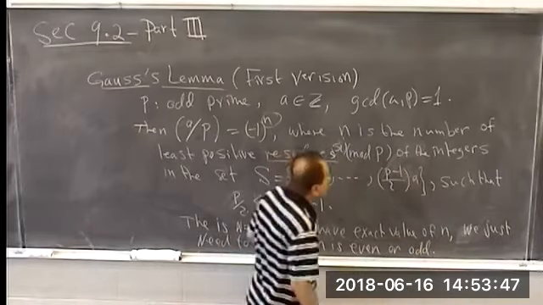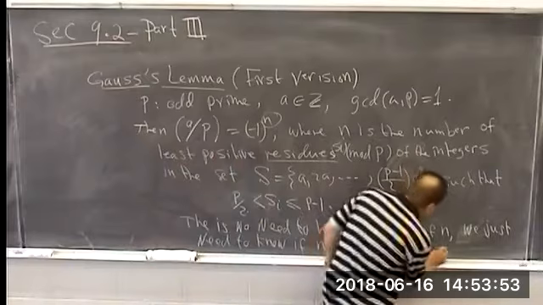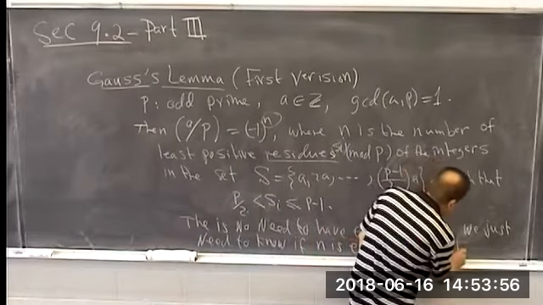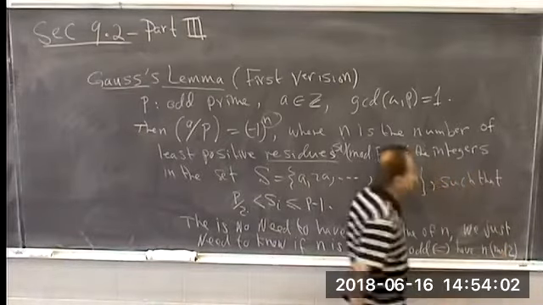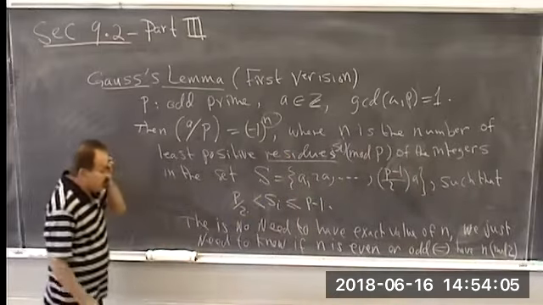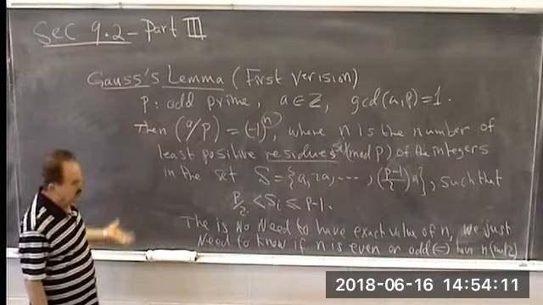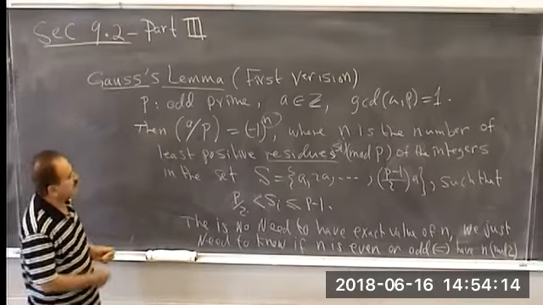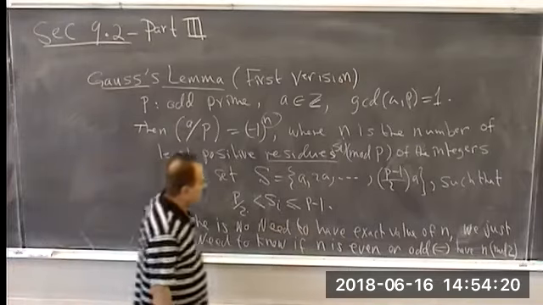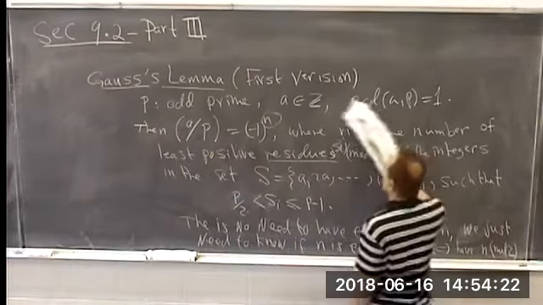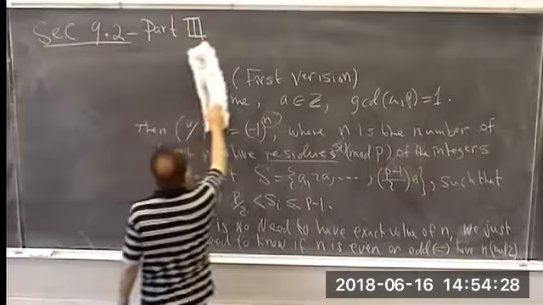So in other words, what we need basically is to know n mod 2. If n mod 2 is equal to 0, then n is even. If that one is equal to 1, then n is odd, and then we can determine the quadratic character of a. And this is what the next theorem, the second version of Gauss's lemma, actually gives us, right?